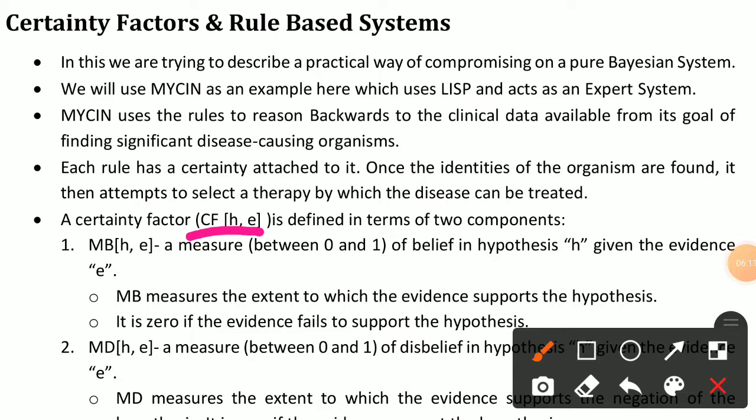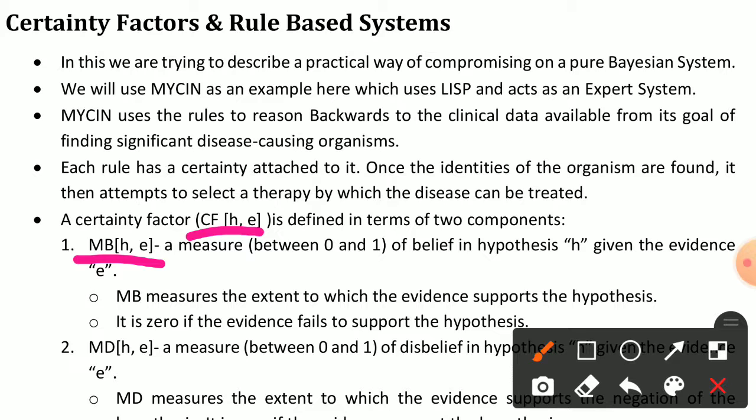Now MB measures the extent to which the evidence supports the hypothesis. How can we measure the MB(H,E), hypothesis and evidence? We measure it between 0 and 1.